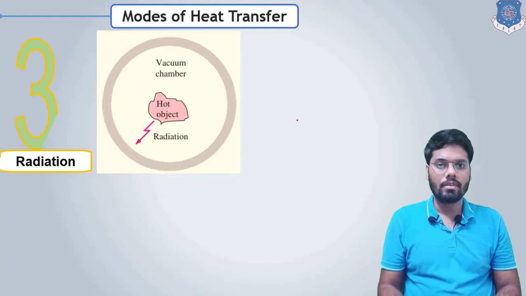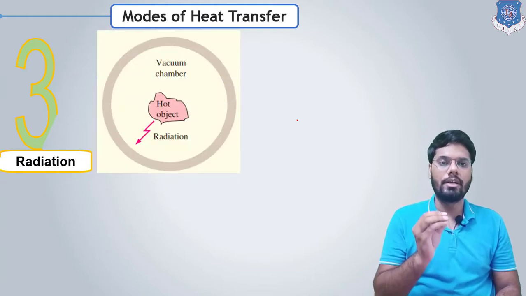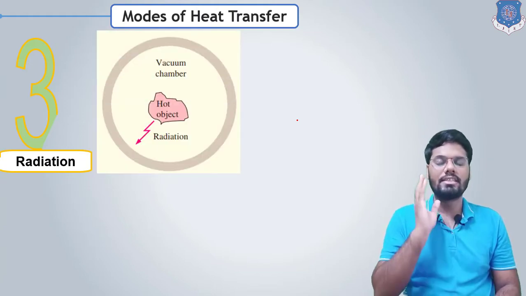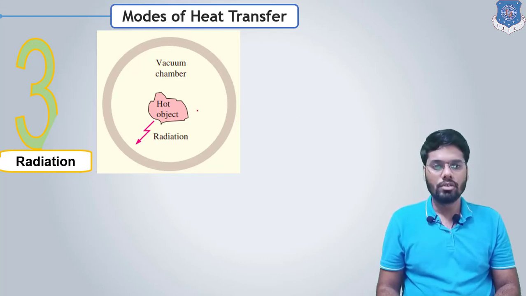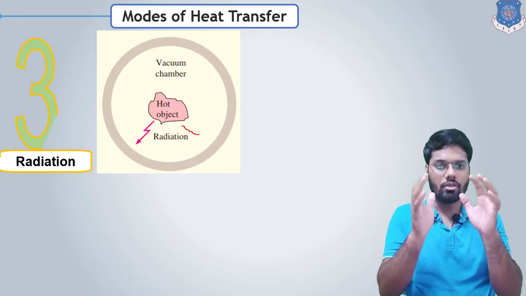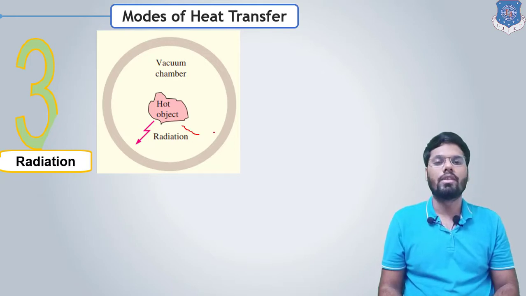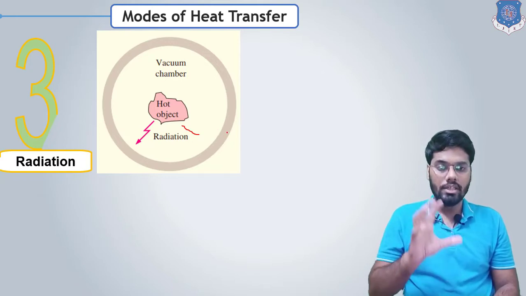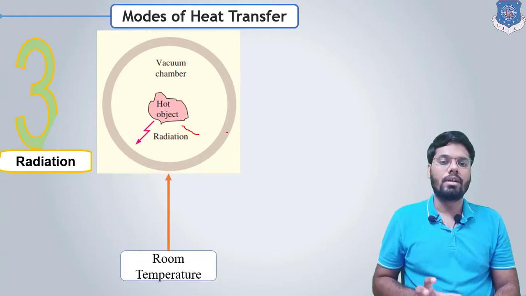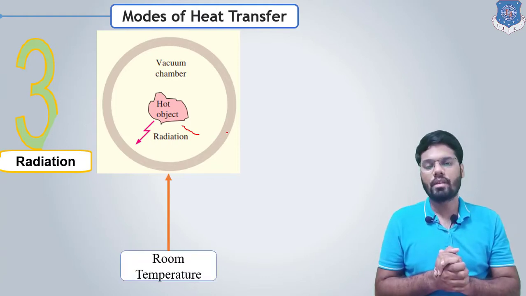To understand how heat transfer takes place by radiation, let's take one example. Suppose we have a very hot object kept in a vacuum chamber, as you can see in this figure. Suppose the initial temperature of this vacuum chamber is room temperature.